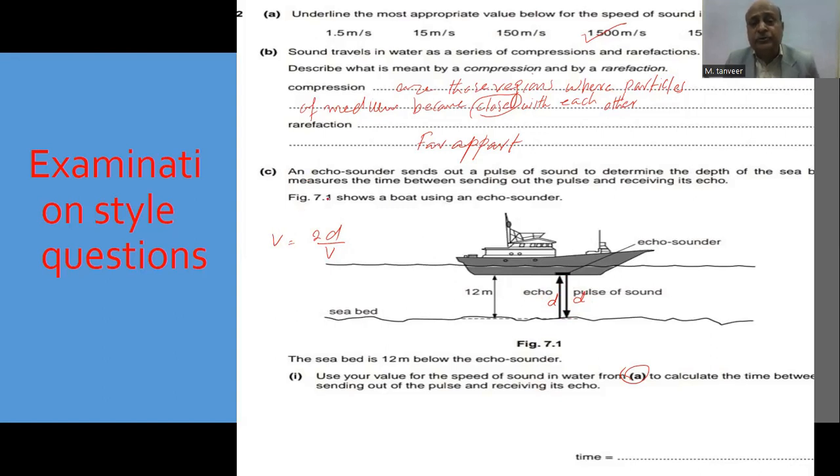Velocity, we have to use 1500 meter per second, which is from the first part, and it is also constant. Sometimes it is not given. 1500, 2D, distance is given, which is 12, multiplied by 2. We have to multiply distance with 2.